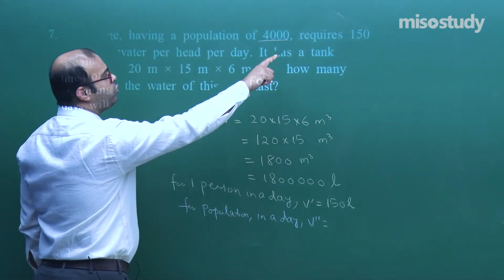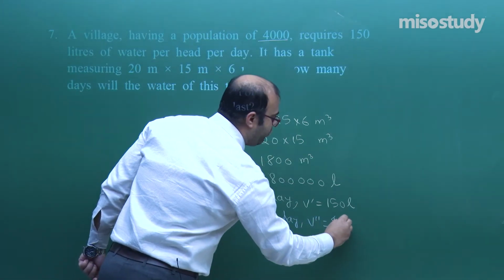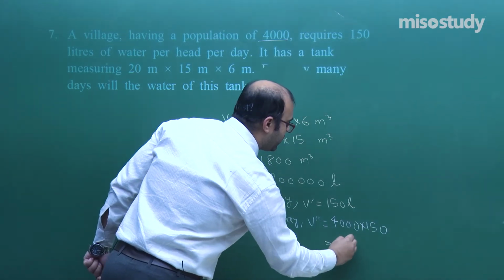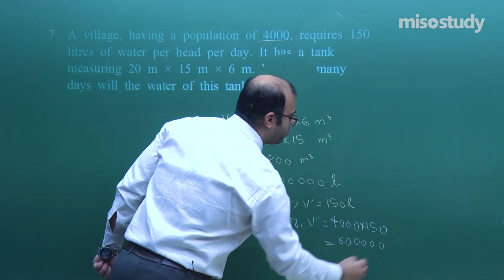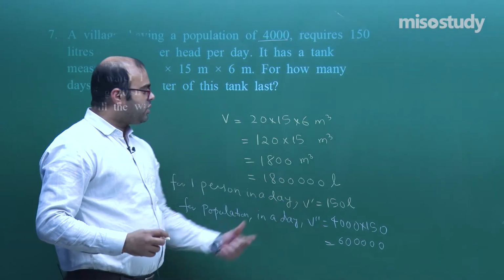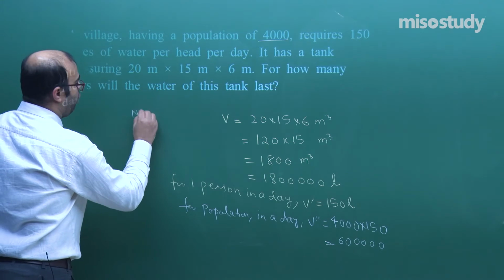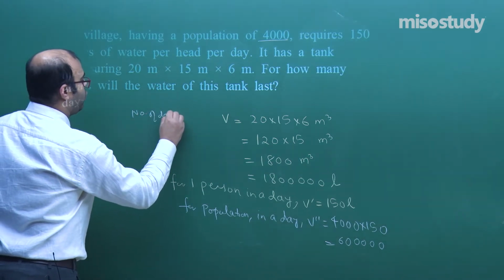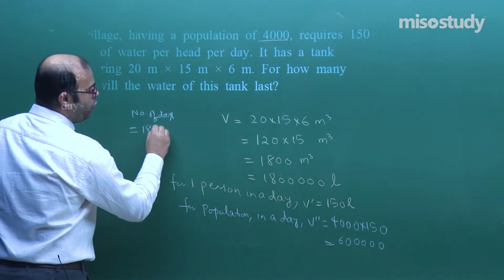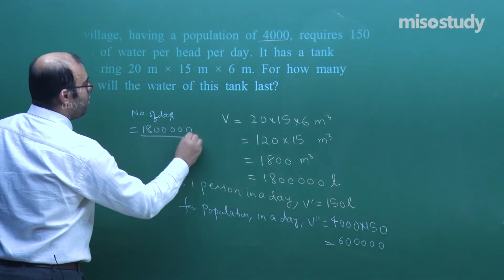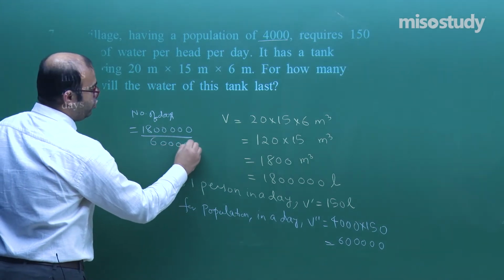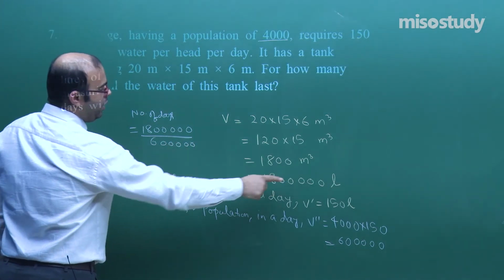V double dash is equal to 4000 into 150, which will become 15 into 4 is 60, and then 4 zeros. So how many days will this water last? Number of days is equal to total volume, 18 followed by 5 zeros, upon per day usage, that is 6 followed by 5 zeros.